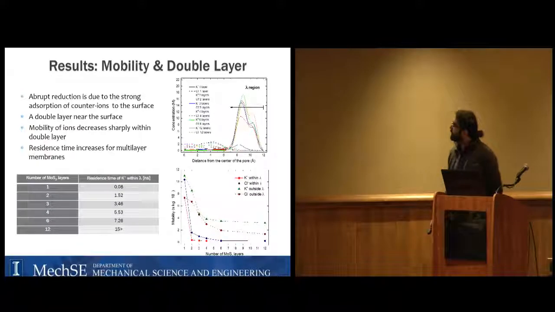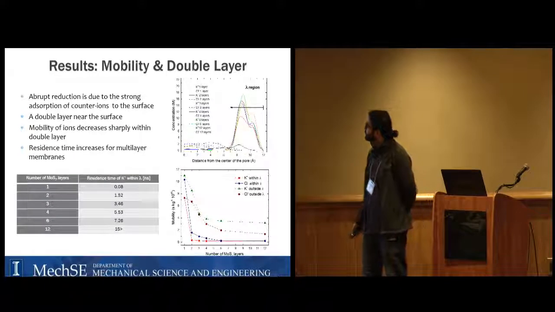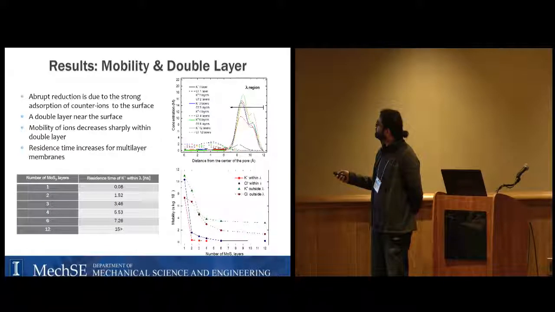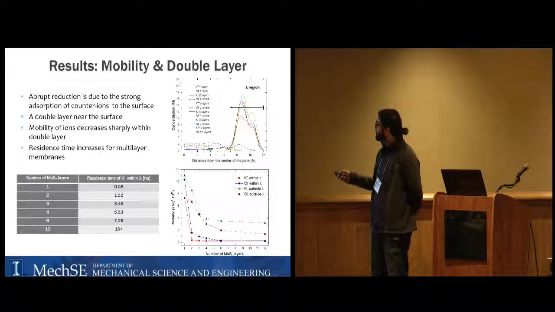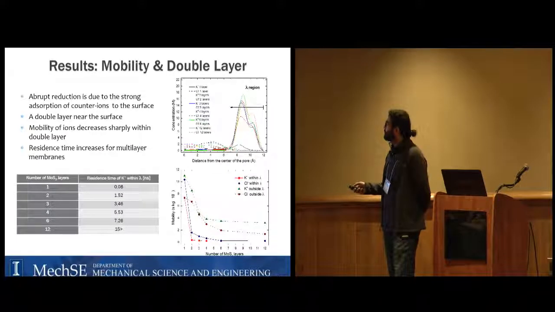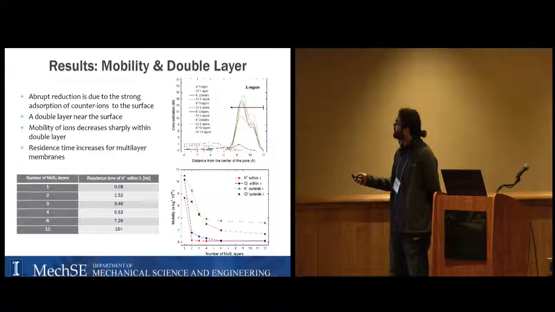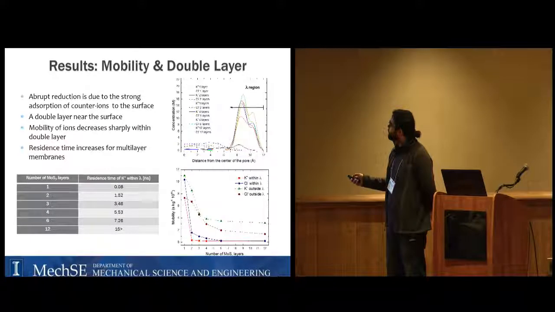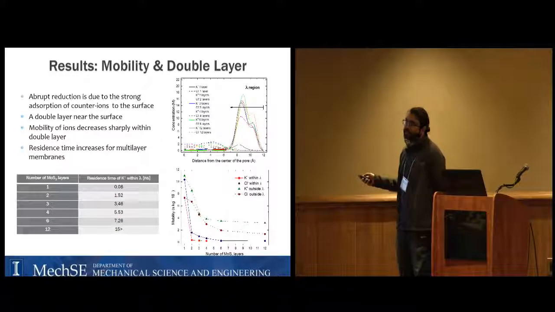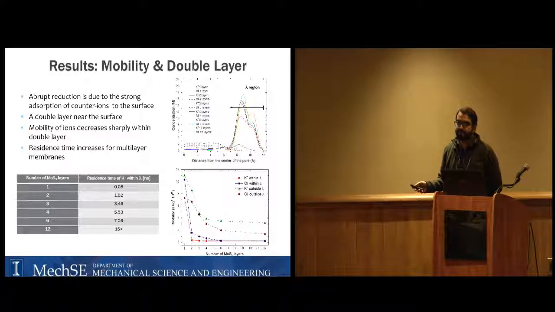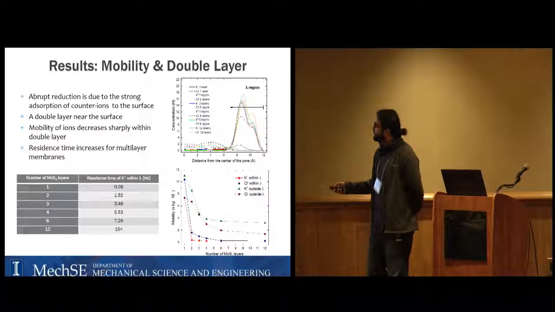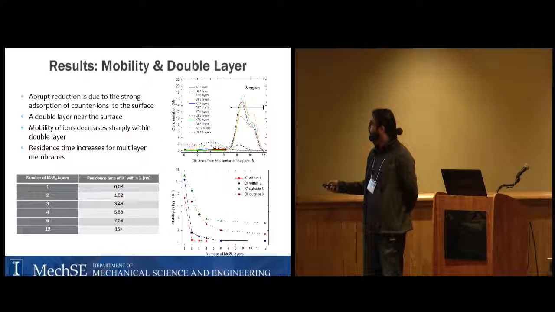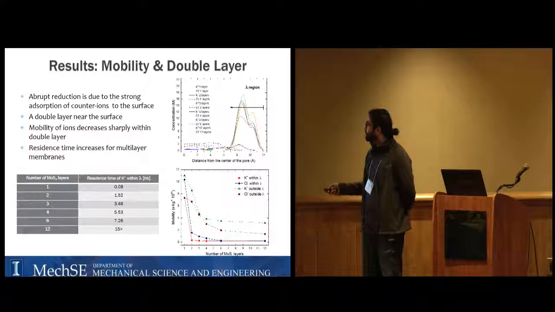If we look at this more carefully, with the concentration as a function of distance from the center of the pore, we have this double layer of counter ions. And these actually get adsorbed to the surface of the membrane. That's evident from the residence time of these potassium and chloride ions within lambda, the double layer.